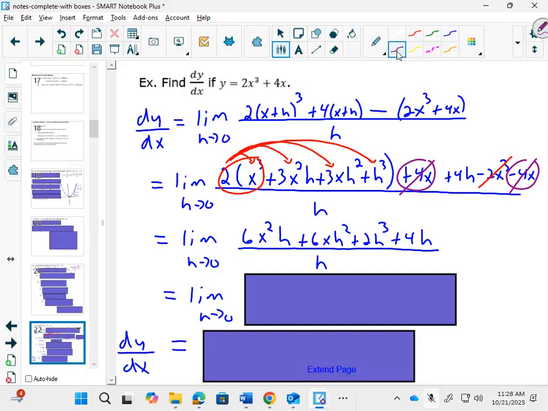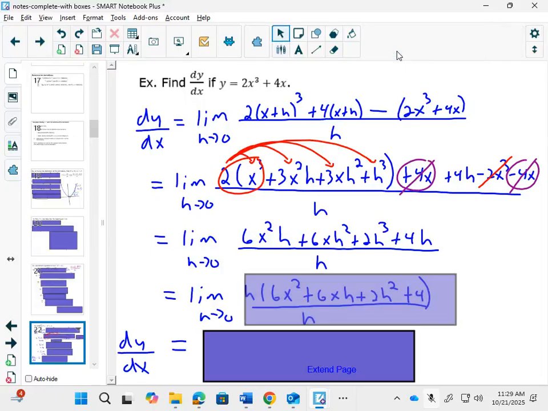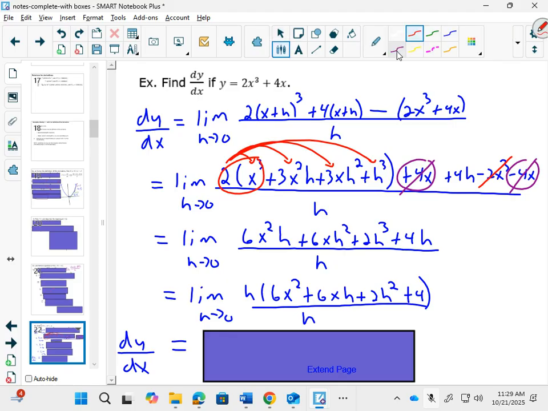What's going to happen in a lot of our questions is all the terms without h's will cancel out. Then if all the remaining terms have h's, you can factor that h out, which allows you to do this, which is our whole goal in a limit.